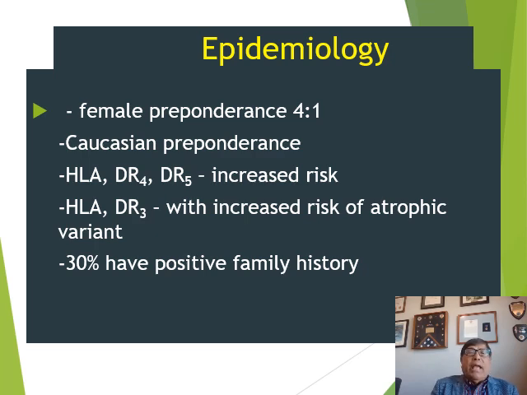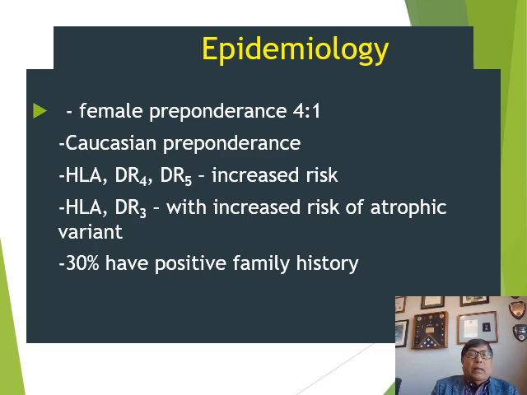However, if they have HLA-DR3, there is an increased risk of the atrophic variant, where they usually won't present with goiter and the gland will fibrose before you can actually examine or find them.